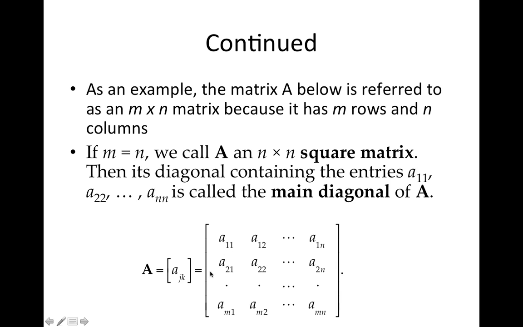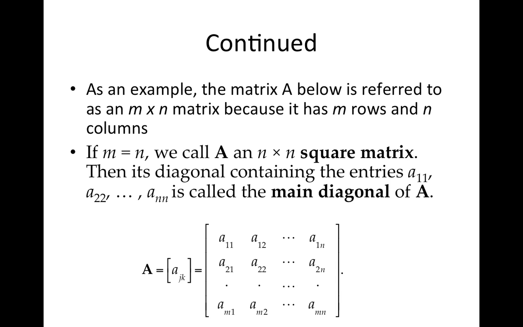So in this case, j, referring to the row, would vary from 1 to m, and k, referring to the column, would vary from 1 to n. This would be referred to as an m by n matrix because it has m rows and n columns.